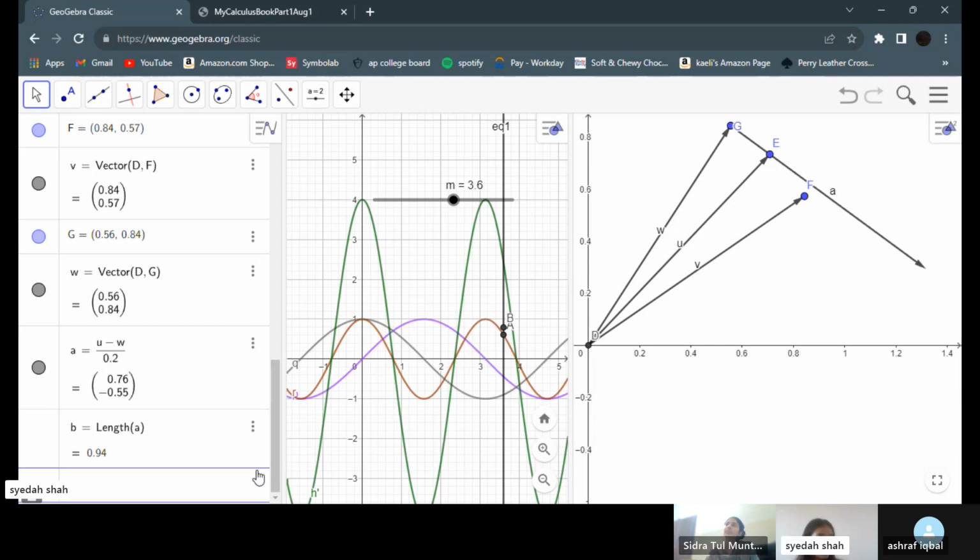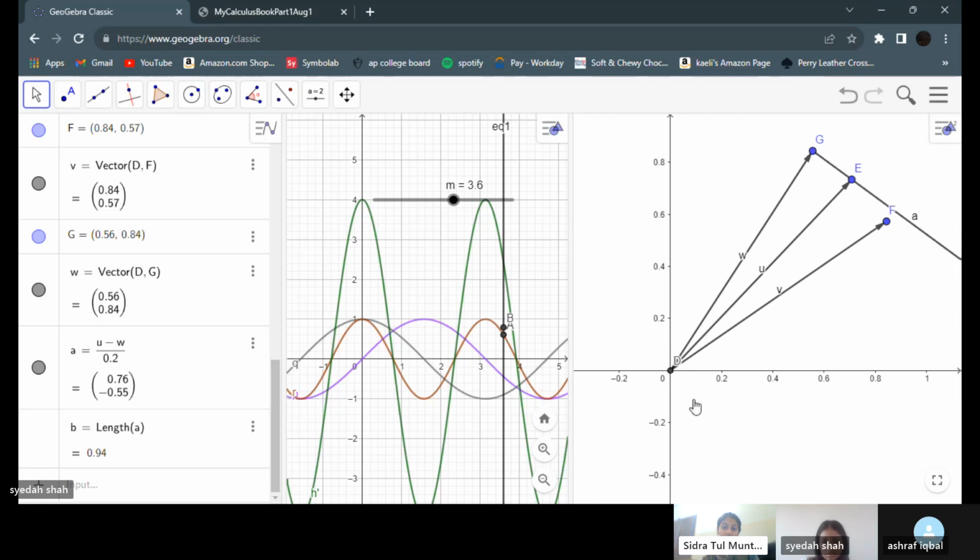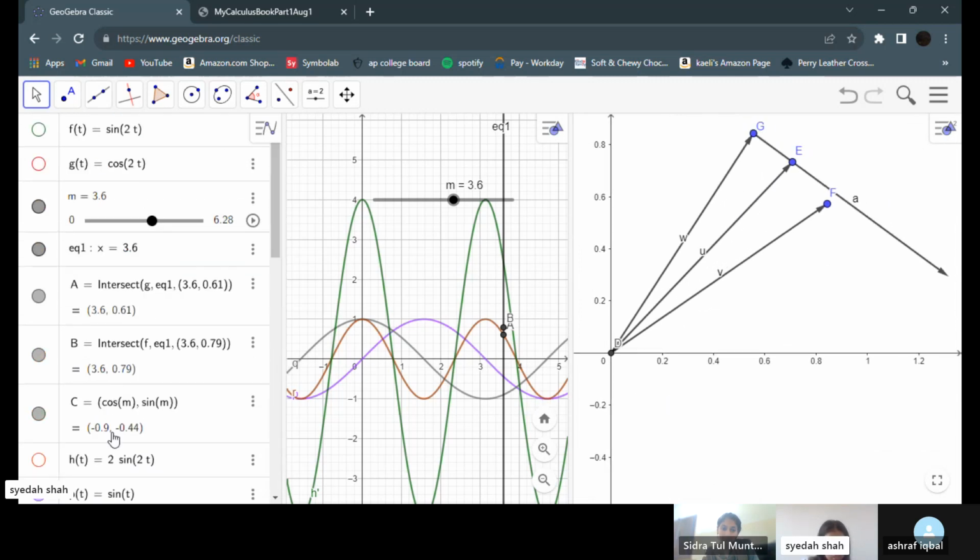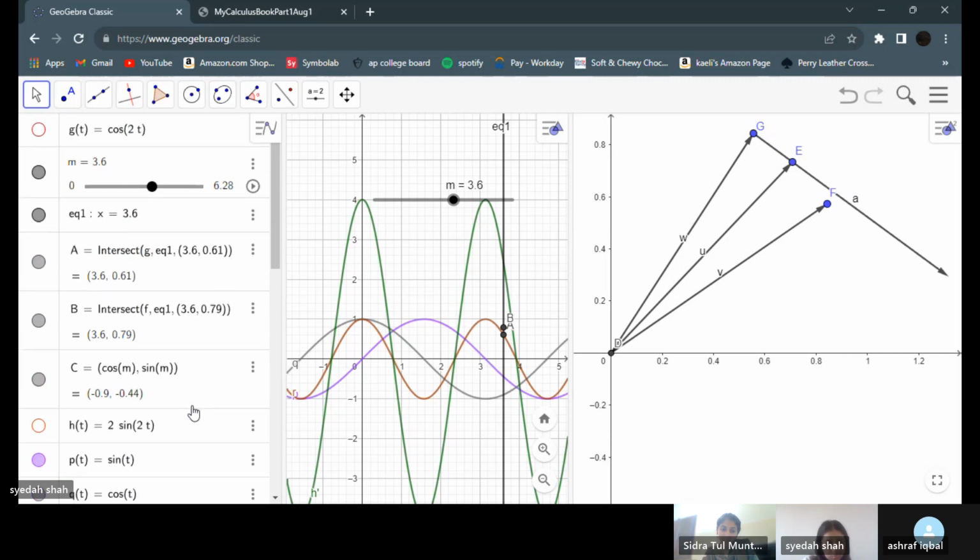Okay, Sania. Look at the point which we just made, by which a circle was being plotted on the second graph. Look at that point in the algebra window. The point by which we traced the circle. What is this point saying? It's cosine m and sine m. By the help of this point, we trace the circle on our second graphics, right?